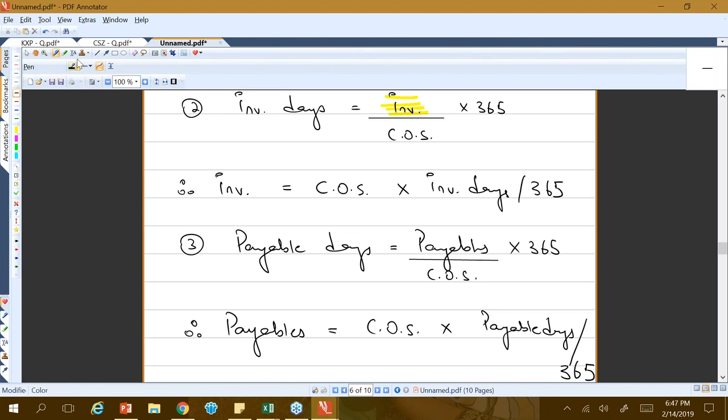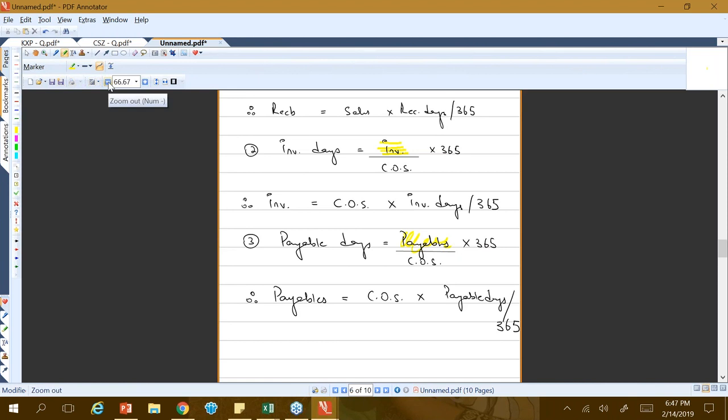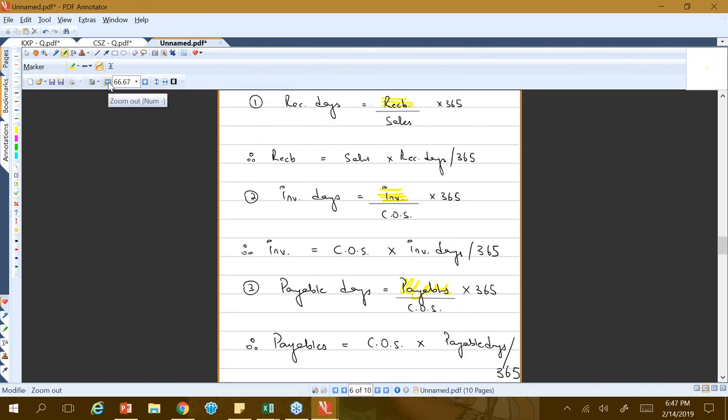Now, this is a struggle for some of the students because they don't understand how these values are being worked out. But can you please keep this in front of you while I do this question? Because I am going to use these calculations now. I'm going to find the receivables balance using this, the inventory balance using this, and the payables balance using this.